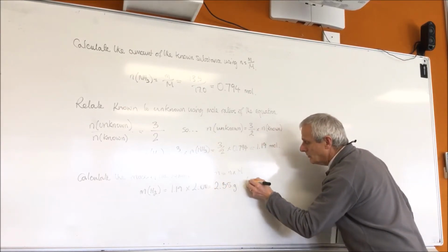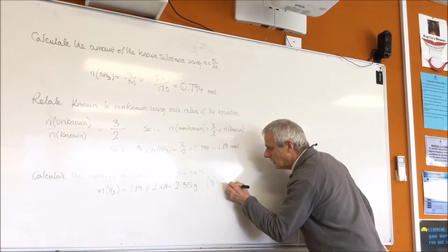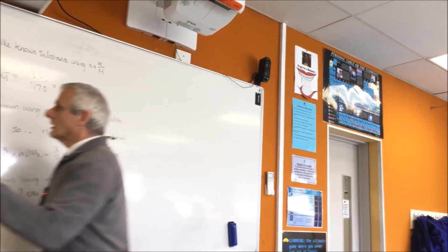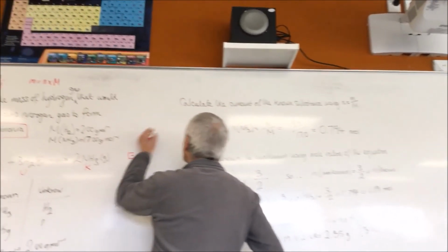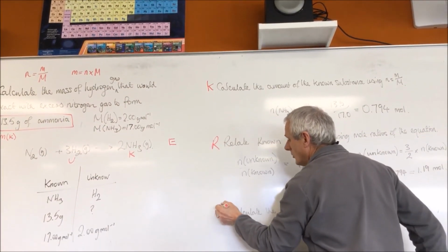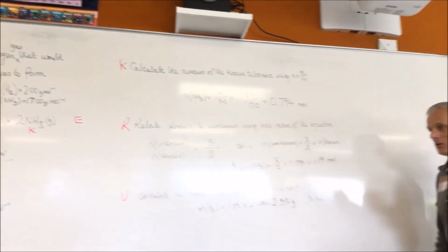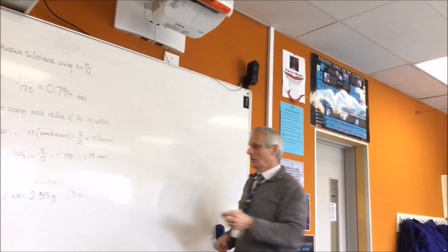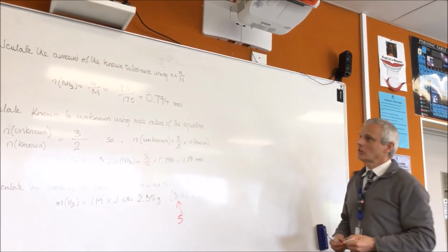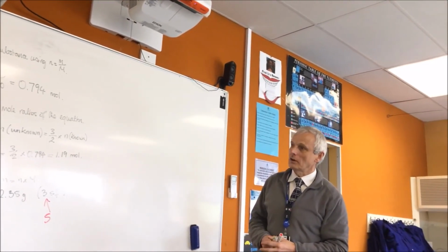And remember it's me that's marking this and I know nothing, so you need to tell me that's 3 significant figures. So our equation's over here, then we calculate the known amount, relate it to the unknown, then we calculate the unknown mass, and at the end we've got the significant figures. So you've got 4 or 5 steps that are involved in calculating an unknown mass.